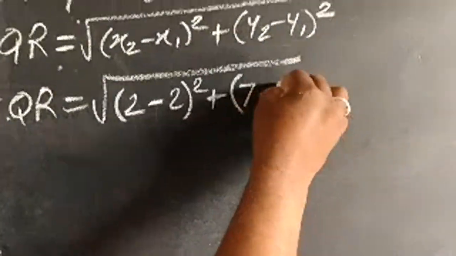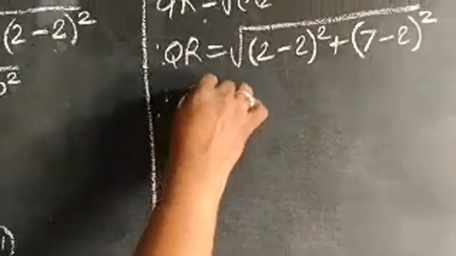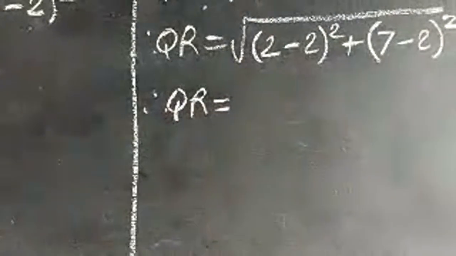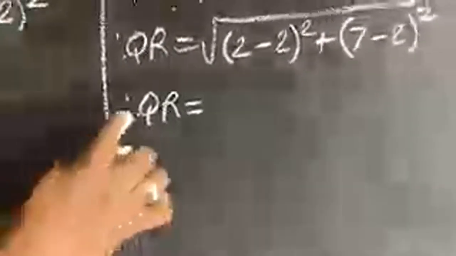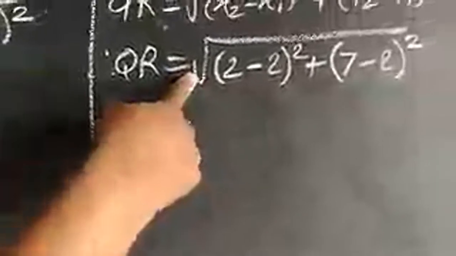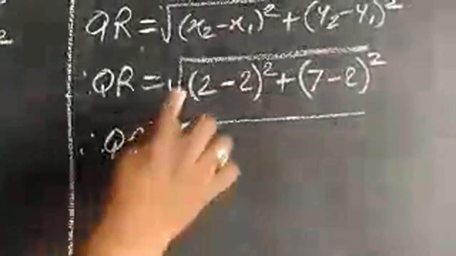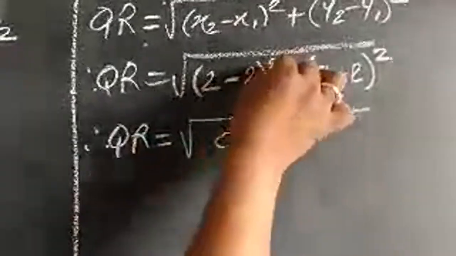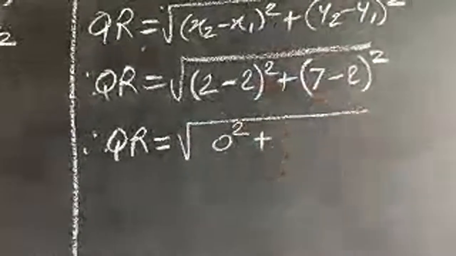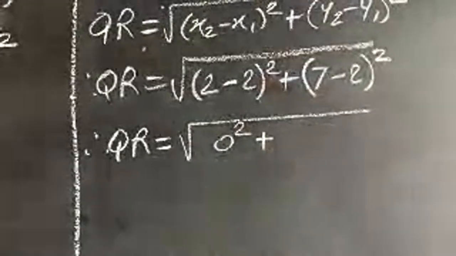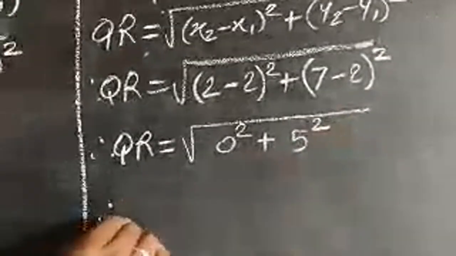So QR is equal to square root of 0 square plus 5 square, since 2 minus 2 is 0 and 7 minus 2 is 5.